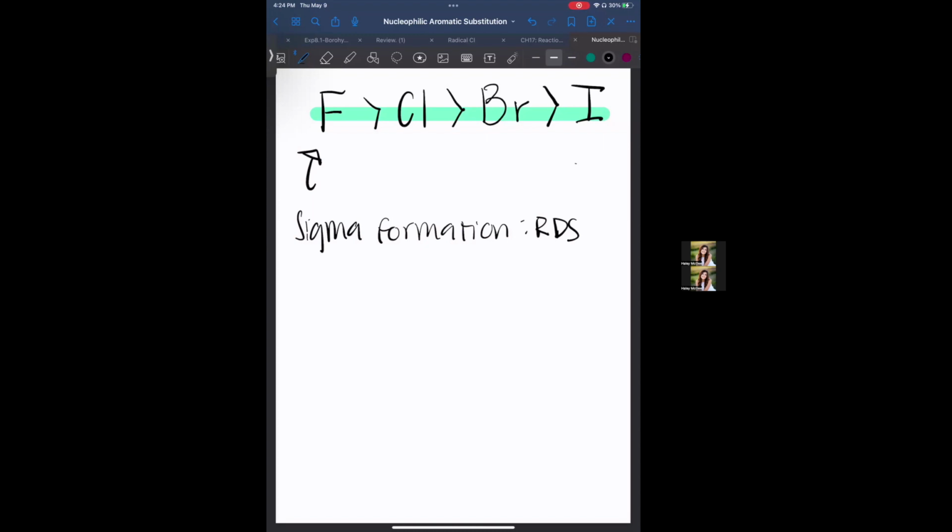I know it's a little funny because usually fluorine would be the worst leaving group and something like iodine or bromine would be a lot better. But in this case, because fluorine is so electronegative, it can increase the electrophilicity of your aromatic ring with your halogen and your electron withdrawing group. And this is going to push your reaction forward a lot more quickly.